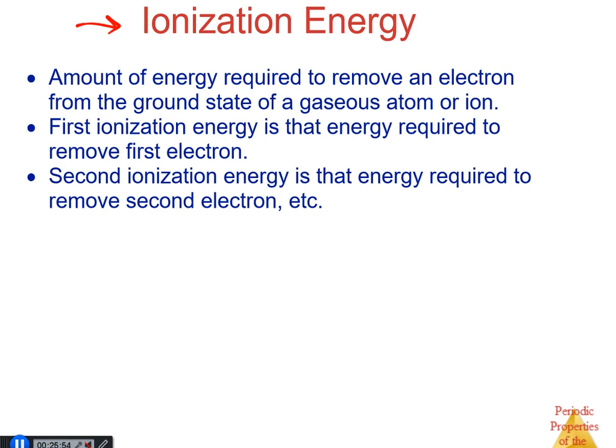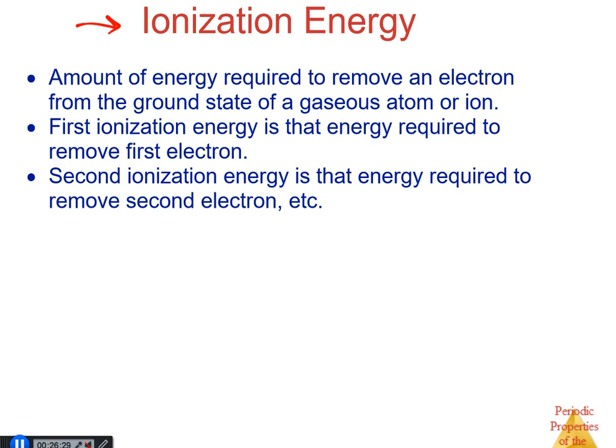Ionization energy is the amount of energy required to remove an electron from the ground state of a gaseous atom or ion. Now, just think about what it is. We're making an ion. It's the energy required to remove an electron. Even from a nonmetal, by the way. We know nonmetals don't want to lose, but if we're talking ionization energy, we're still talking about everything as though it's losing.